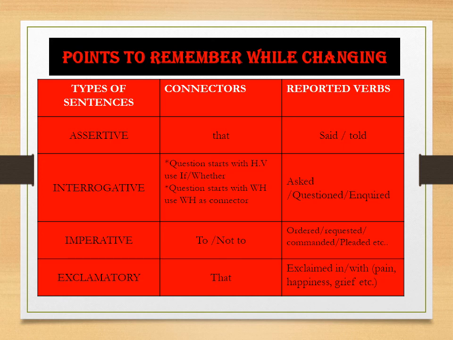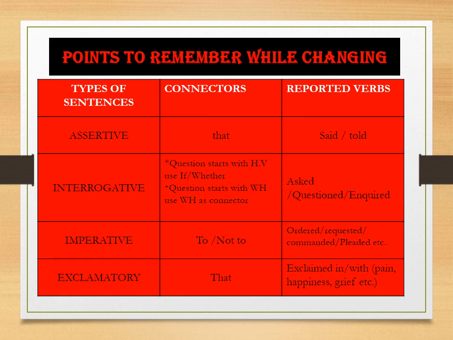But that is absolutely wrong. You use the connector that only for two types of sentence, assertive sentence and exclamatory sentence. In the other sentences, the connector that is never used. So you should remember this, and this will help you when you are solving sentences for your exams.